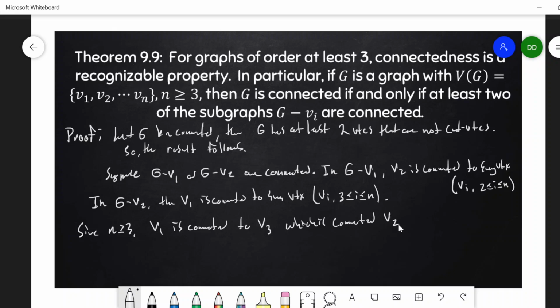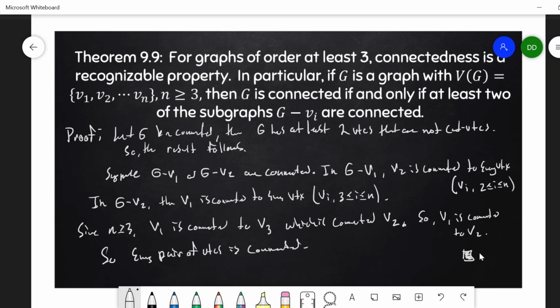Remember here that connected does not mean adjacent. Connected means there's some path between them. It's very tempting to think those are synonyms of each other, connected and adjacent. So V1 is connected to V3, which is connected to V2, so V1 is connected to V2. So every pair of vertices is connected. And that's the proof.